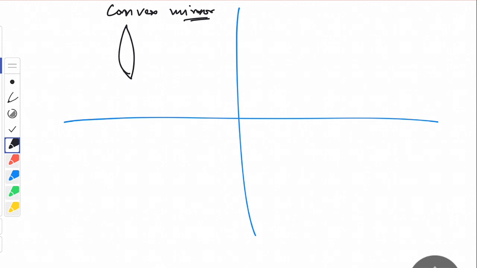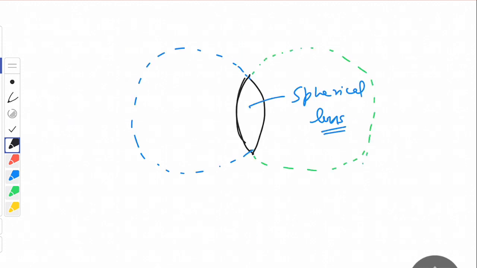So this is a lens made of both concave and convex surfaces. To answer your question, these surfaces are not actually made from a sphere. You can think the shape has come from a sphere. The lens which has got a shape like this on both sides is called a convex lens. So this one is a convex lens.